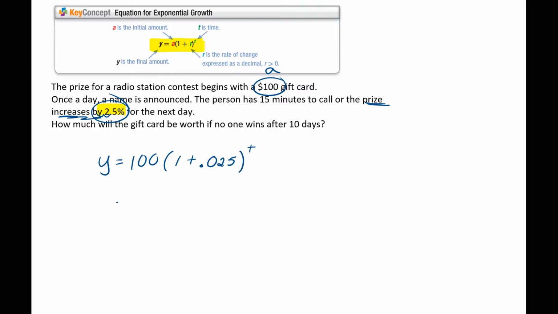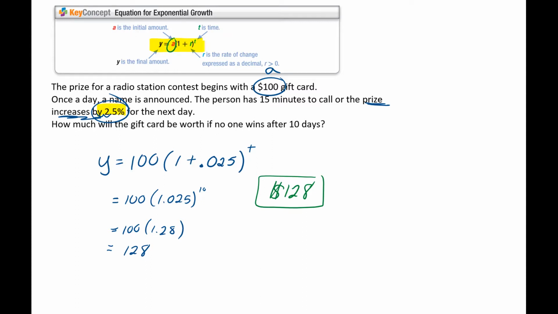Now, after 10 days, it'll be 100 times 1.025 to the 10th power. This gives us 100 times 1.28, I rounded my decimal, and then times 100 will be 128. So how much will it be worth? $128.